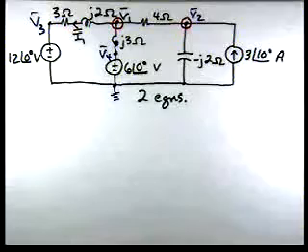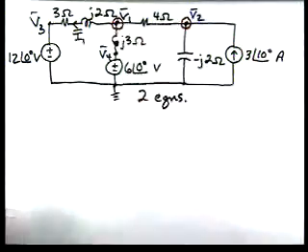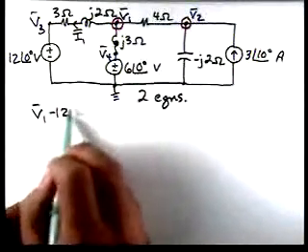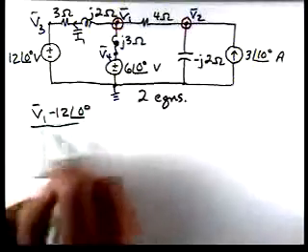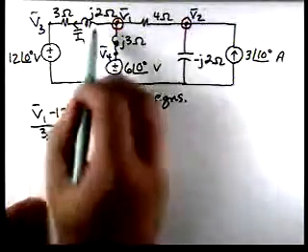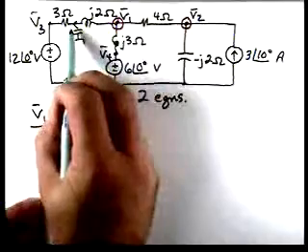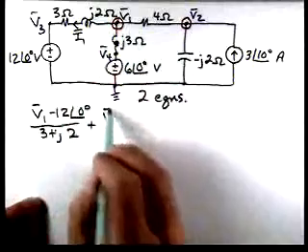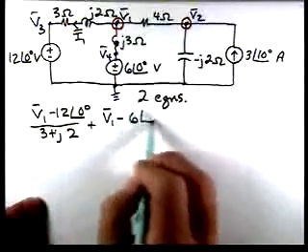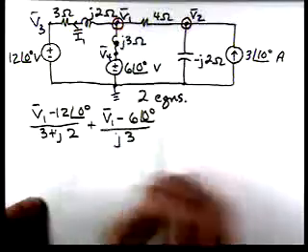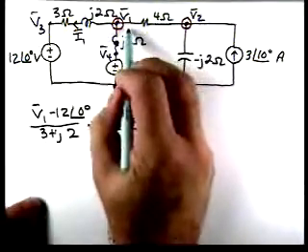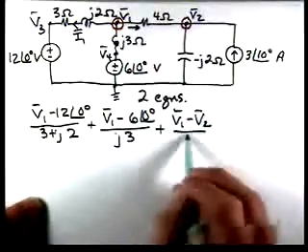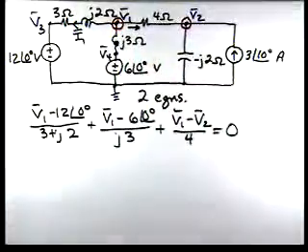So, at this node, okay, we'll have V1 minus 12 at an angle of 0 divided by 3 plus J2. Okay, that's the current flowing through this way. Then the current flowing down through the J3 is V1 minus 6 at an angle of 0 divided by J3. And then we'll have a current leaving over in this direction. So that's V1 minus V2 over 4 equal to 0.